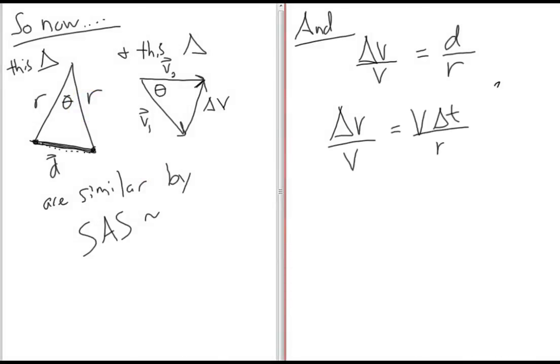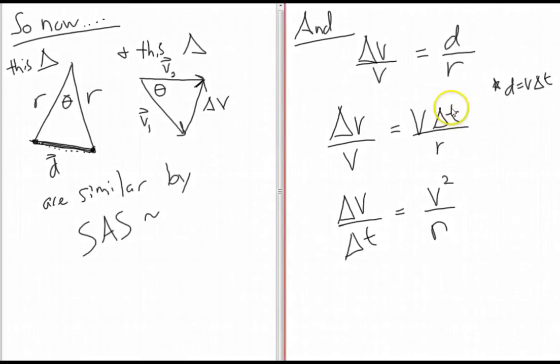Then from there, we can replace that magnitude of the displacement with v delta t. A little note here as a reminder, remember the displacement is velocity times the change in time. Then, a little algebra, we're going to divide both sides by delta t. So that delta t over there reduces completely, and we have delta v over delta t.